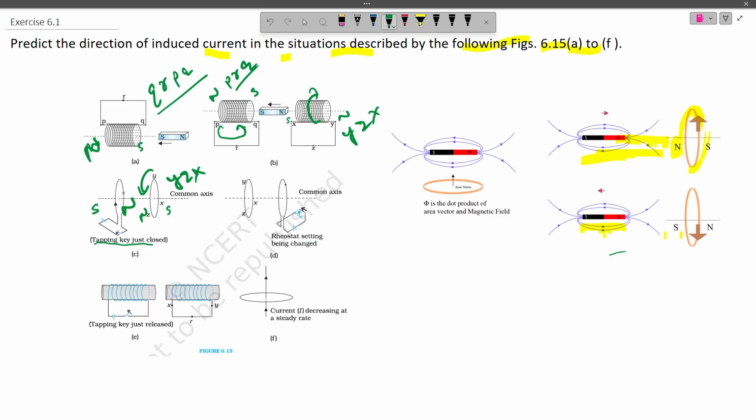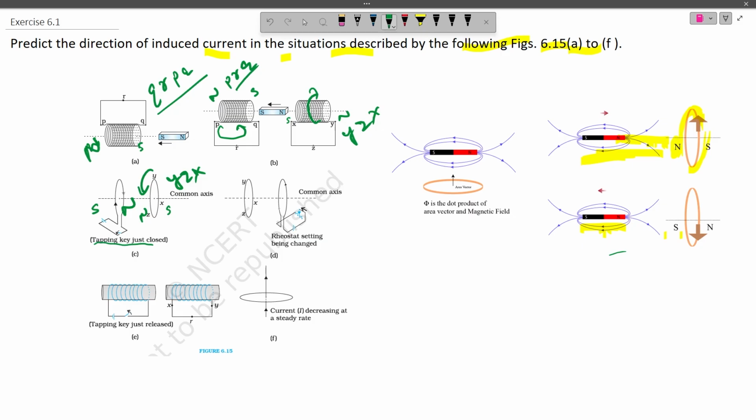Now in this question we see that the rheostat setting is being changed. The pointer is decreasing the resistance, which means the current would be increasing in here, and the YZ segment of this coil is much farther away from us than the YX section of this coil.